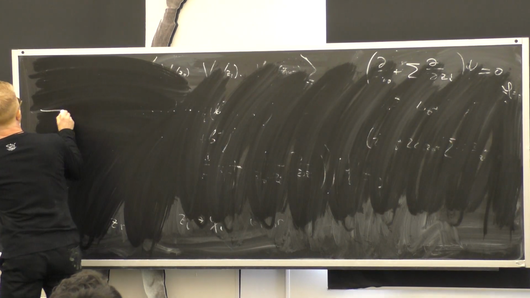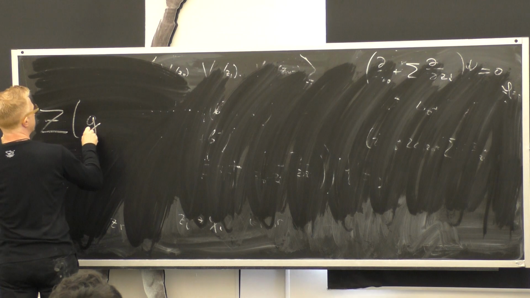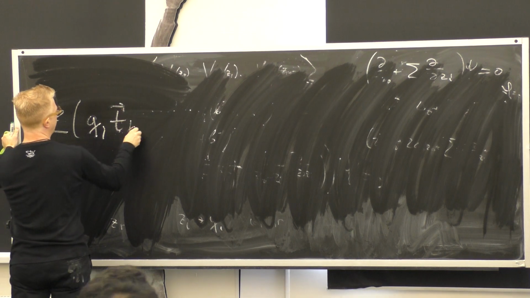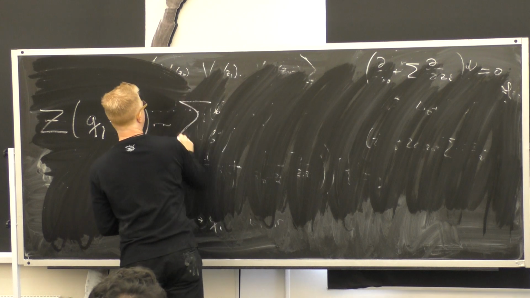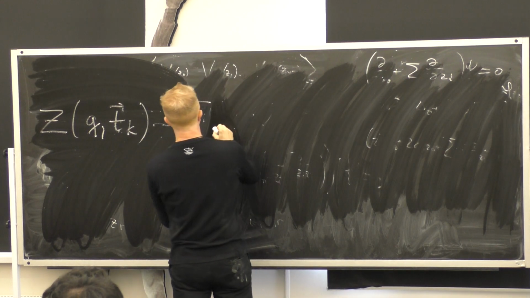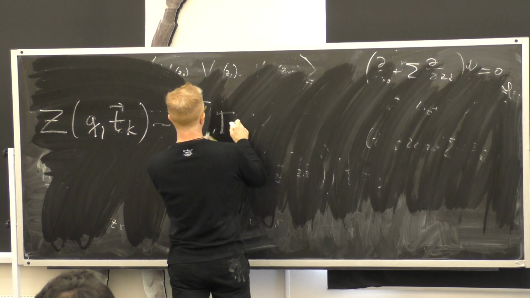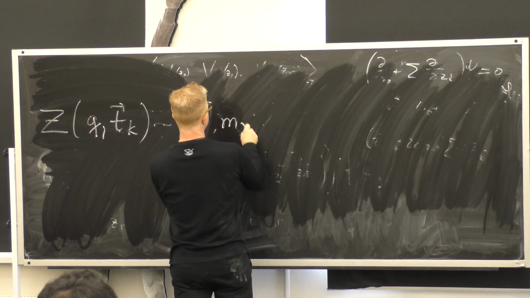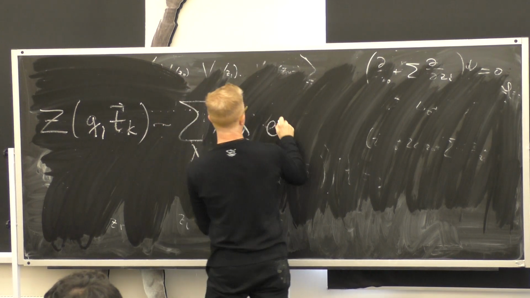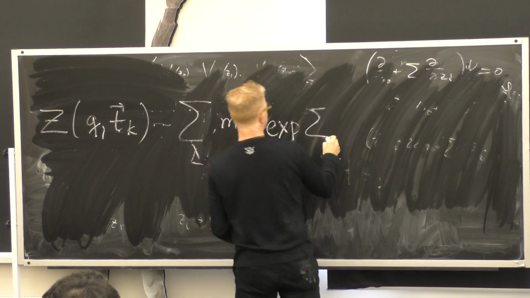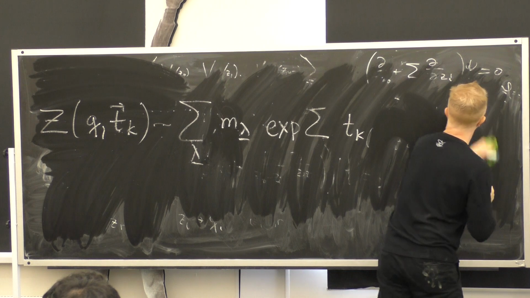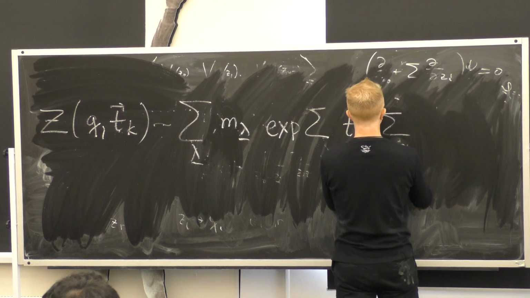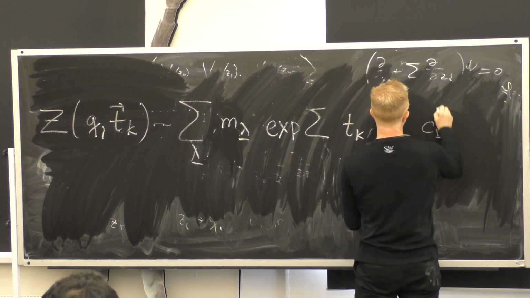Now we introduce, in addition to the existing ones, additional times that we call t_k, which is roughly saying that in the sum over partitions, whatever weight of the partitions I had before, I will now multiply by the exponential of the infinite sum of t_k times, roughly speaking, the contents to the power k.